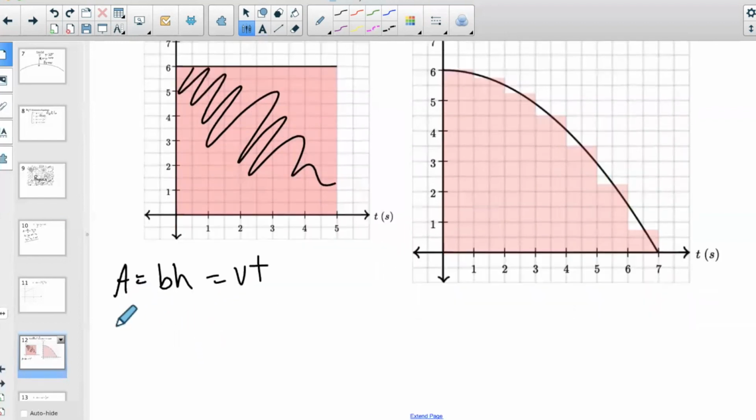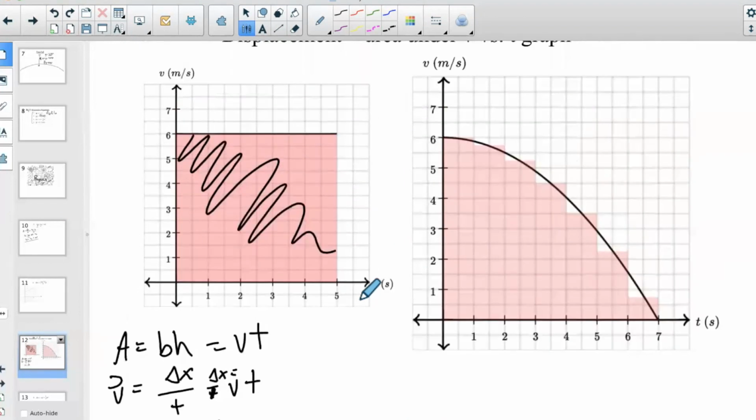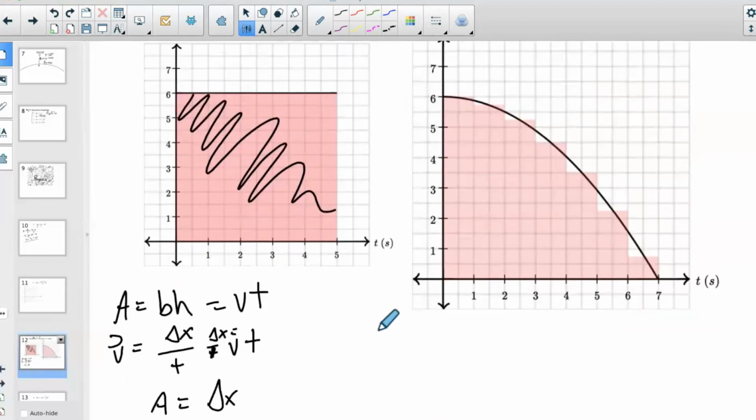So we know that velocity is equal to displacement delta x divided by t, multiply t on both sides. This is also equal to vt, which means that these two are the same. Then area also has to be equal to displacement. So all right, that's all well and good. If I have constant velocity, then this works.